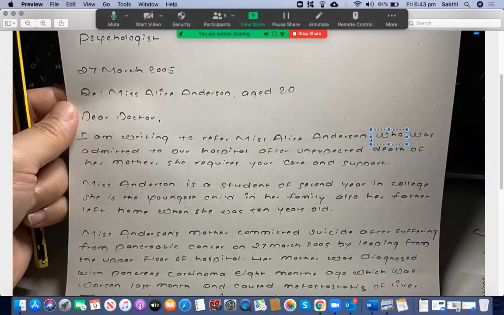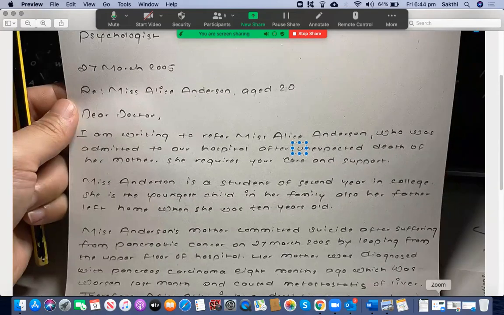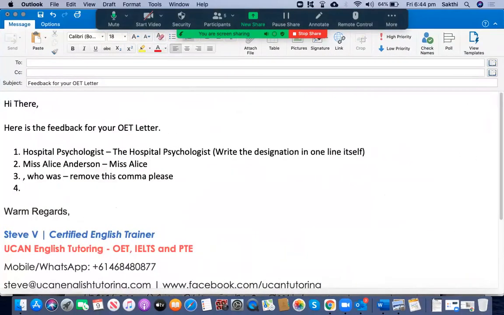All right. Let me go to the next one. Who was admitted to a hospital after unexpected death of her mother. The way you are writing this, the U seems to be a capital U. So it's better not to write it like that. Instead of writing unexpected like this, you have to write a small u.